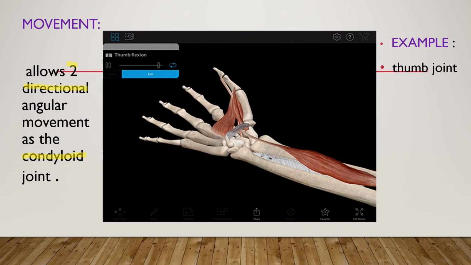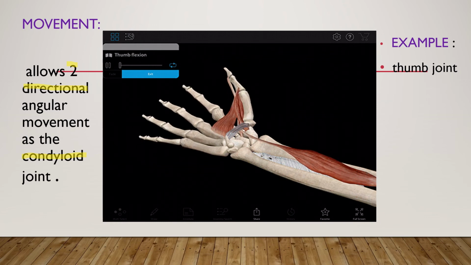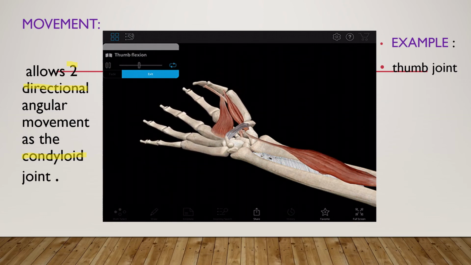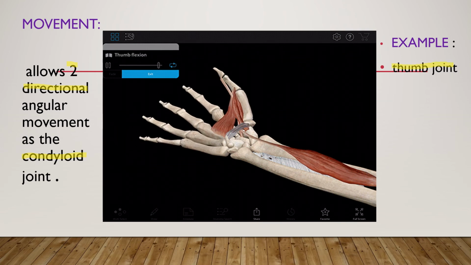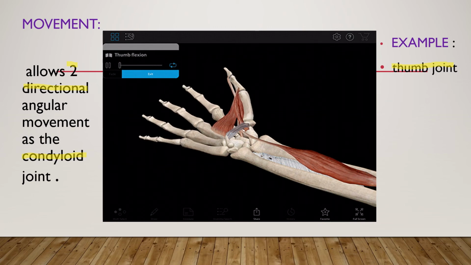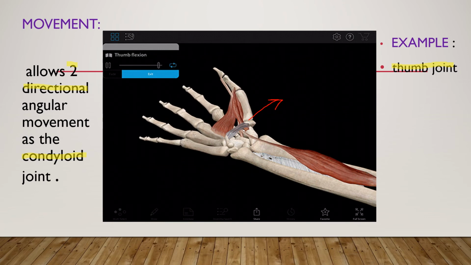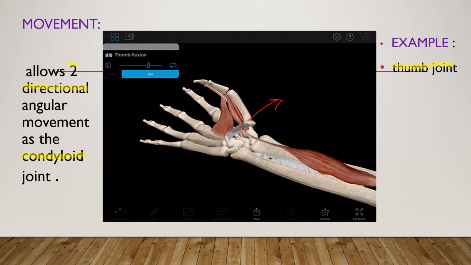As the main example of the saddle joint, you can easily remember its two-directional movement with the help of the thumb joint. In this diagram, you are seeing a thumb that is moving. This is the thumb joint, an example of a saddle joint having reciprocally concave and convex surfaces.